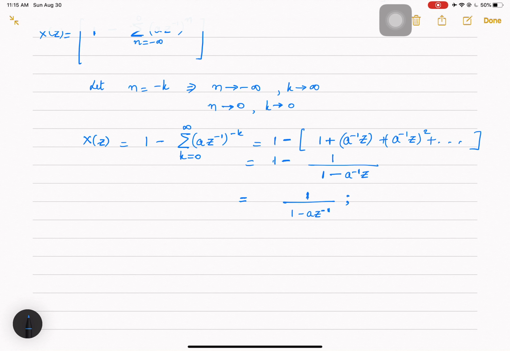The condition here is that the mod of a inverse z has to be less than 1, which means mod of a inverse z squared will again be less than 1, and so on and so forth. So what will the condition be? x of z will be equal to 1 by 1 minus a z inverse, provided mod of z is less than mod of a.